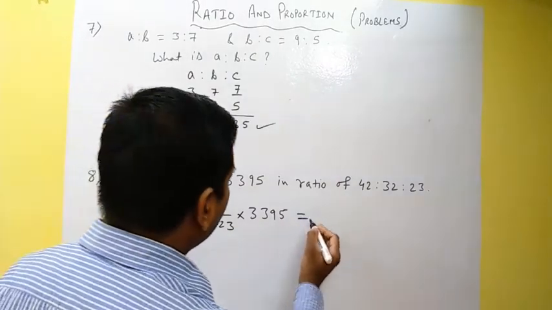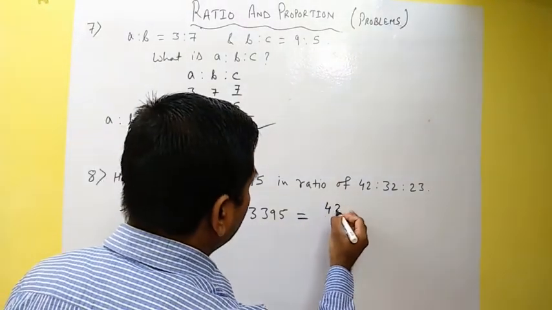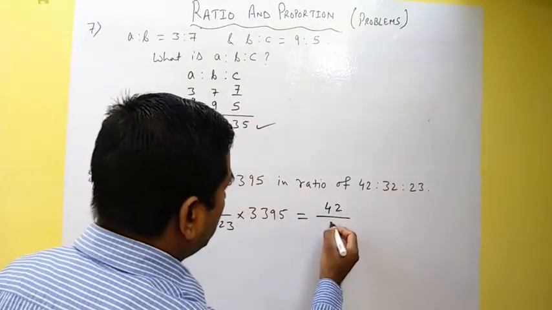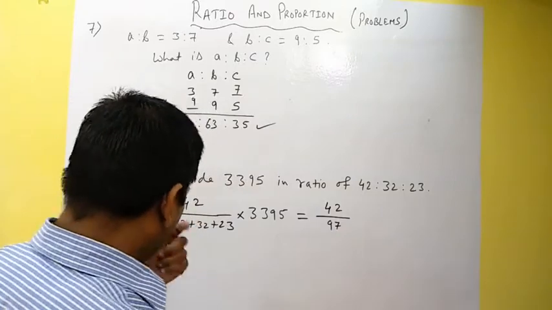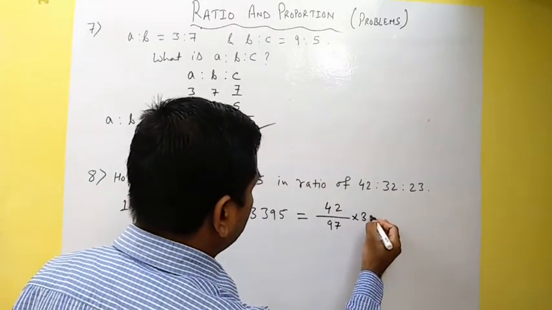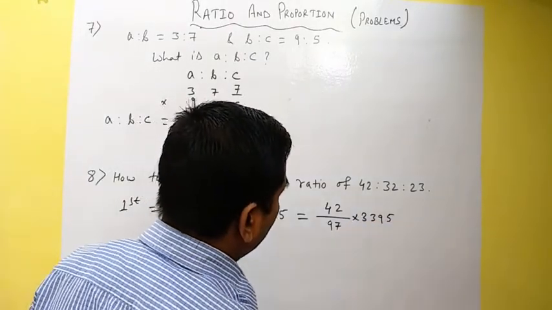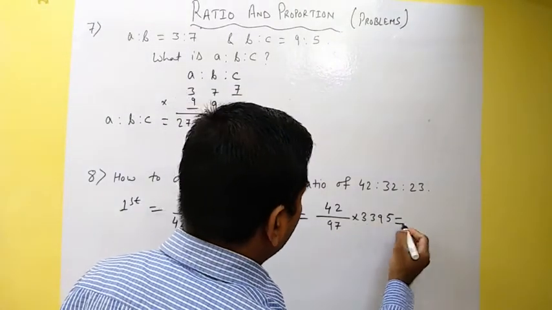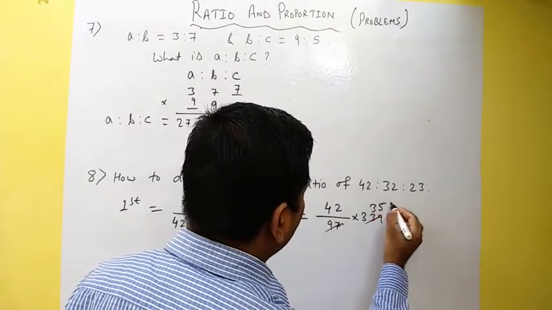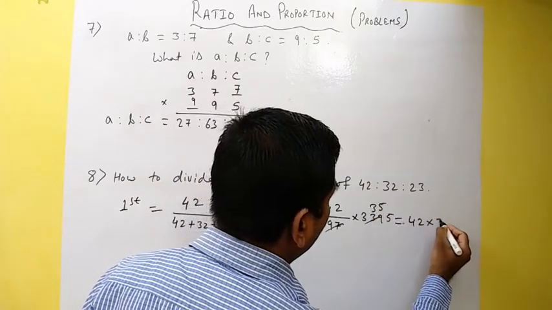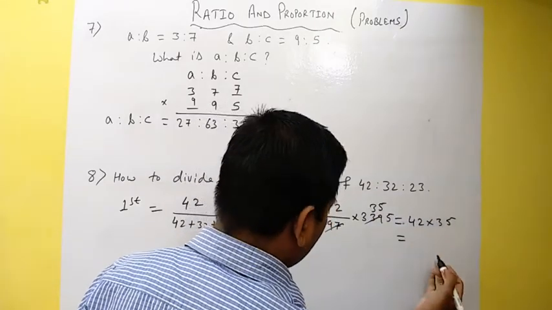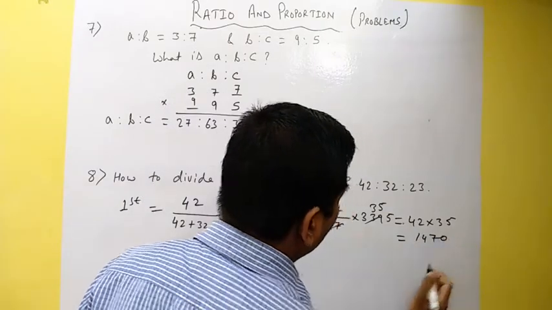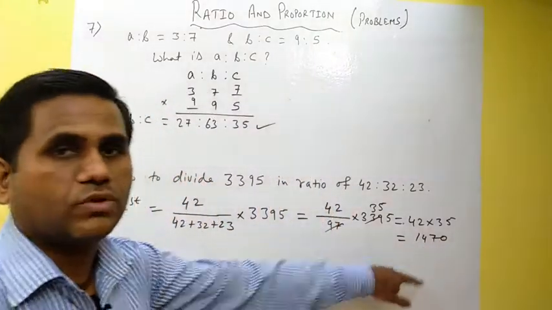So upon solving we get 42 divided by, if we add this, it will become 97, into 3395, and upon cancellation it will become 35. So 42 into 35 will give us 1470. So this is the first proportional.